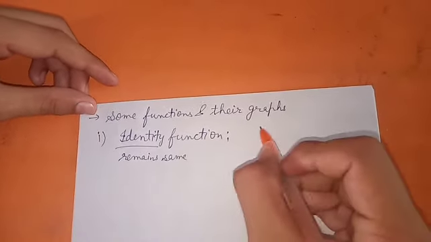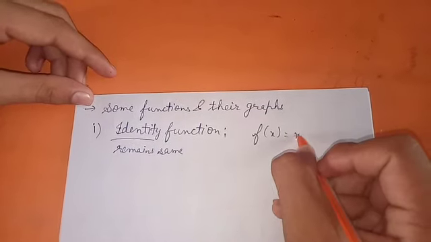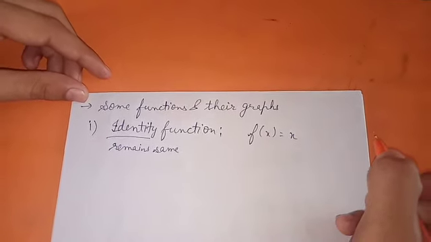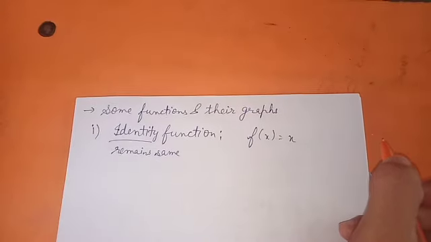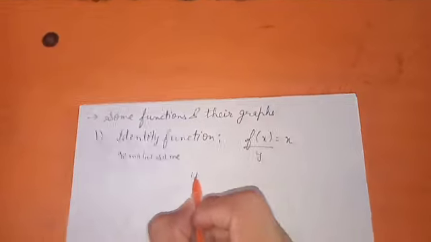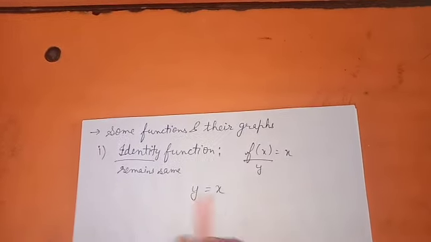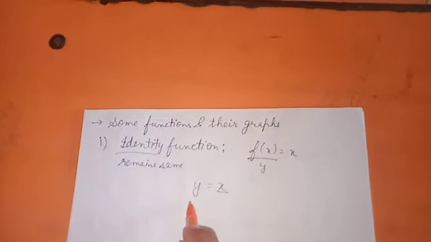Now you can say f of x is equal to x. Now we also represent our f of x with y. So we can say that y is equal to x. Now we will keep some values of x and we will get the value of y or f of x.